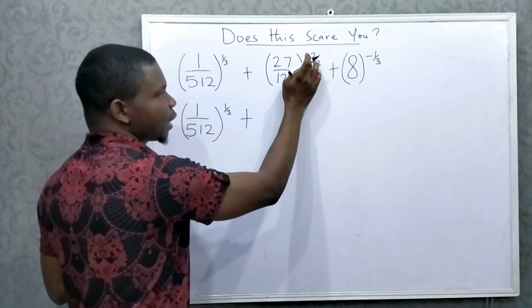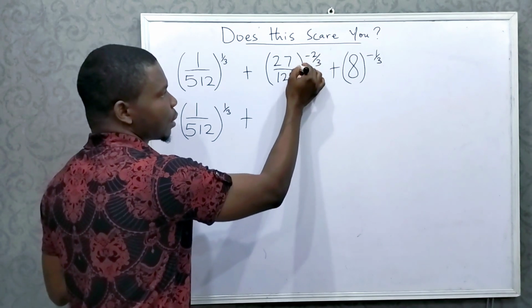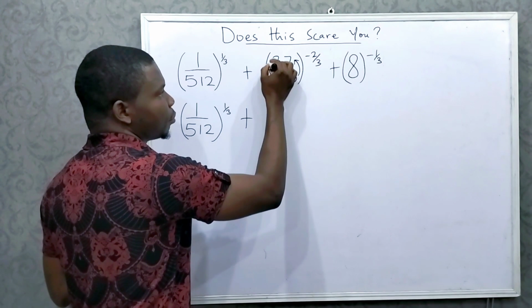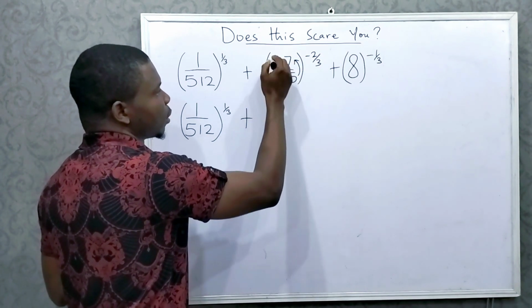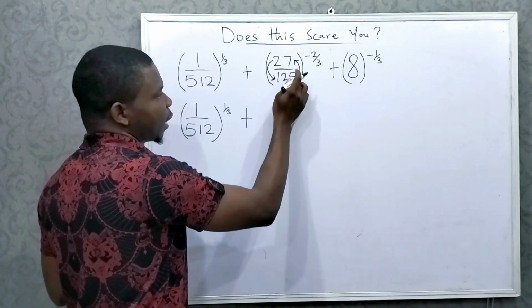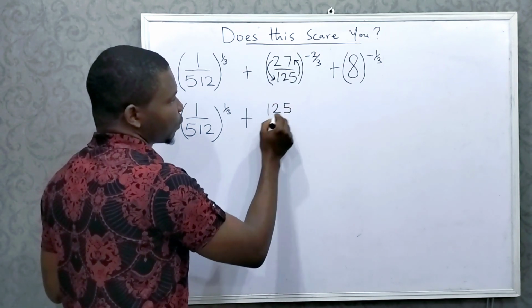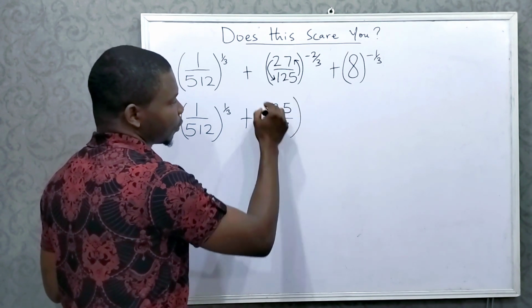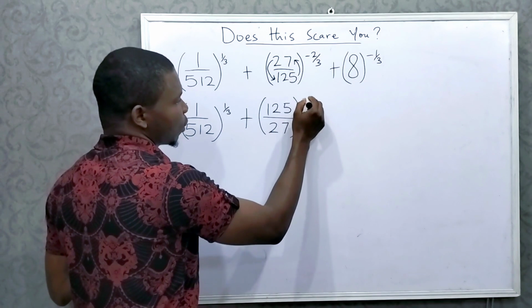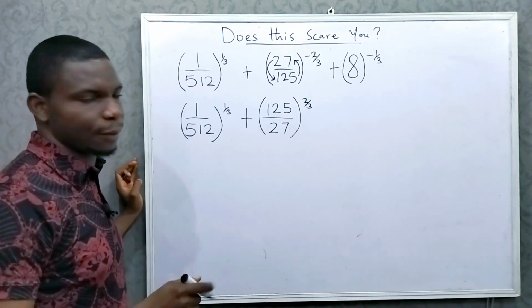Then to remove this negative sign from the power, this will be inverted so that the 27 will come down and then the 125 will go up. So when I write it as 125 over 27, then the negative sign will be out. I'll just write this as power of 2 over 3, okay?